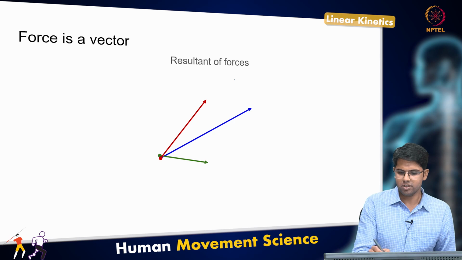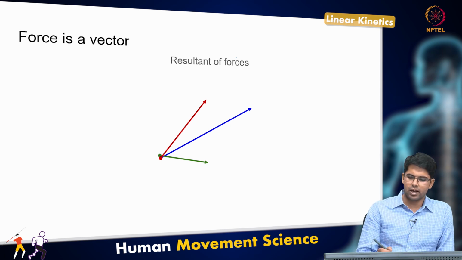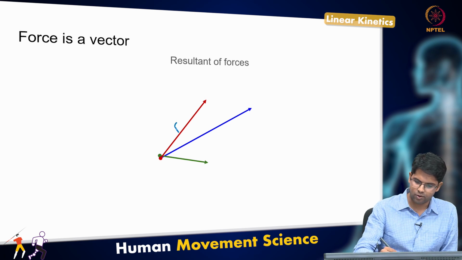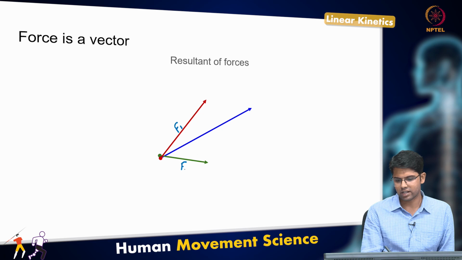The other principle is that because forces are vectors, you can have multiple forces acting on a body. Now, if there are multiple forces, let's say you have a force F1 acting in this particular direction, and another force, F2, acting in another direction.